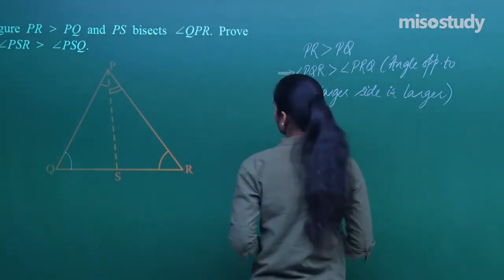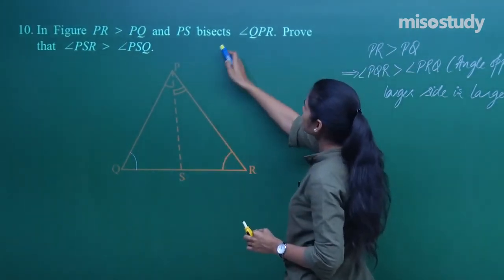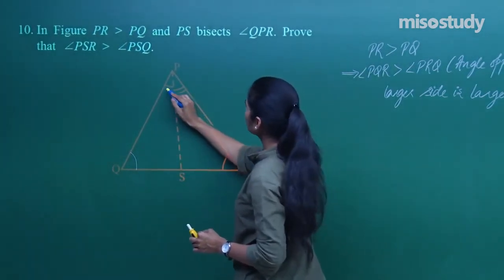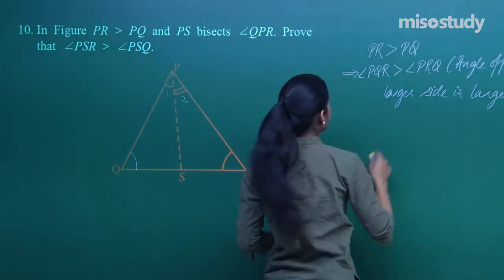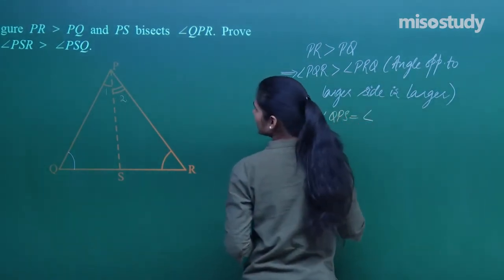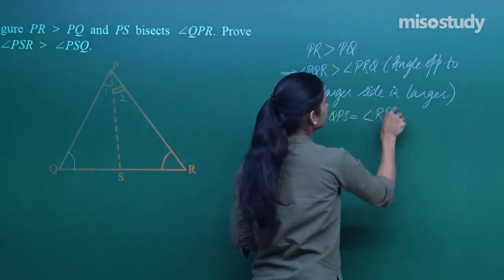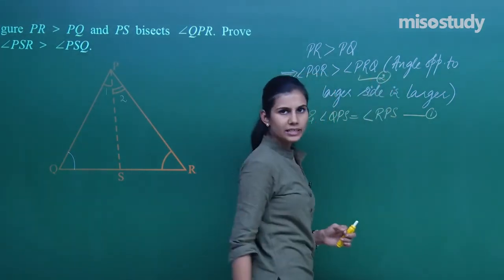Fine. Now please see, if PS is bisecting angle QPR, that means this angle is same as this angle. Angle QPS is same as angle RPS. Right?